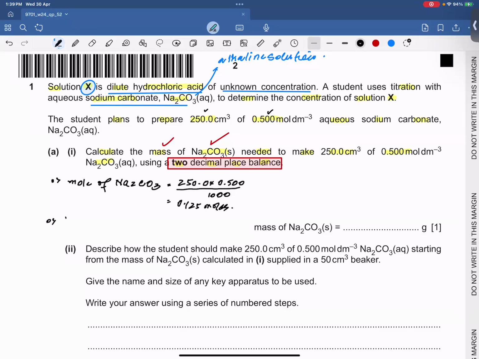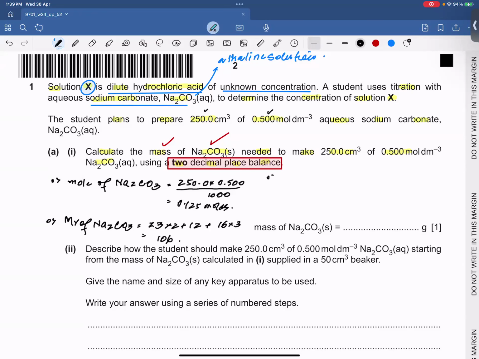We must find the Mr of sodium carbonate because we need to calculate the mass. For that, I'll use relative atomic masses from the periodic table. So 23 times 2 plus 12 plus 16 times 3, which is 106.